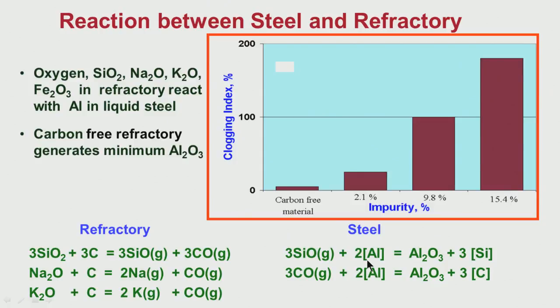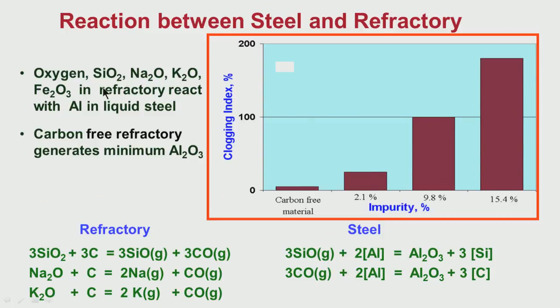This aluminum in liquid steel will react with SiO and carbon monoxide and will generate alumina. So, again we have to remove this alumina, which is not desirable. Too much alumina should not get generated in liquid steel, because then this alumina again has to be removed from liquid steel, as I had told you earlier.